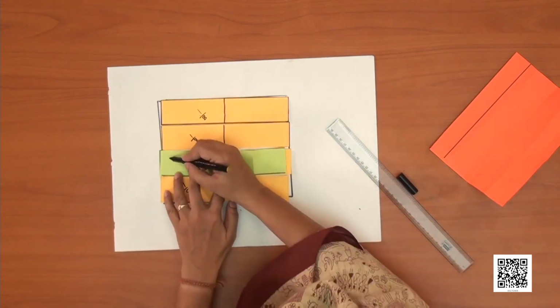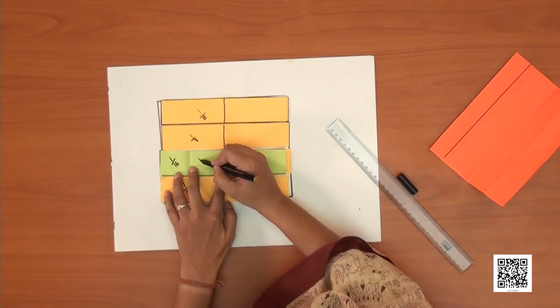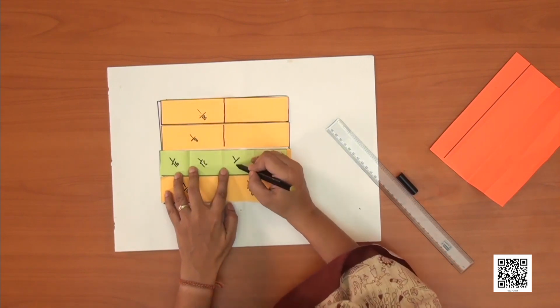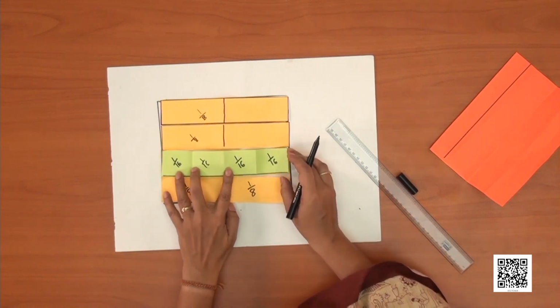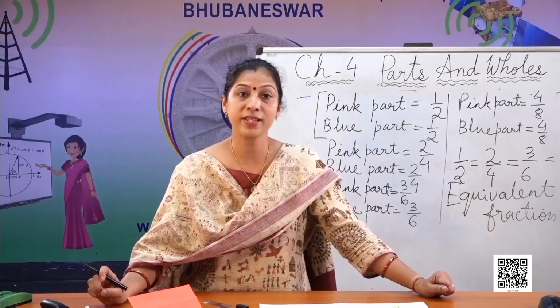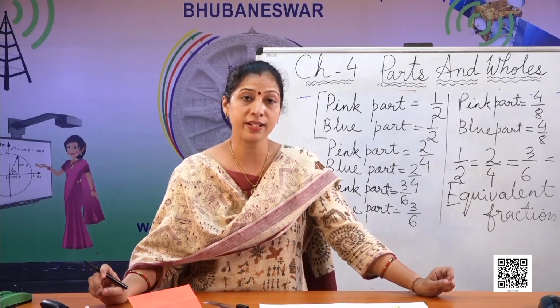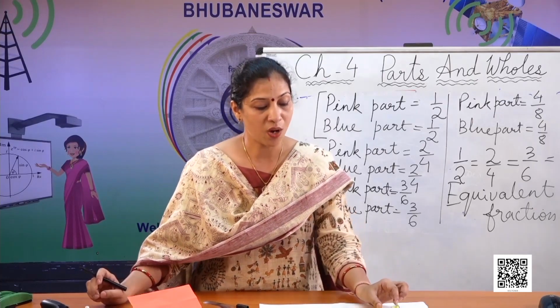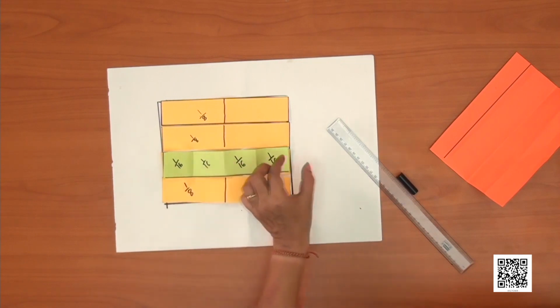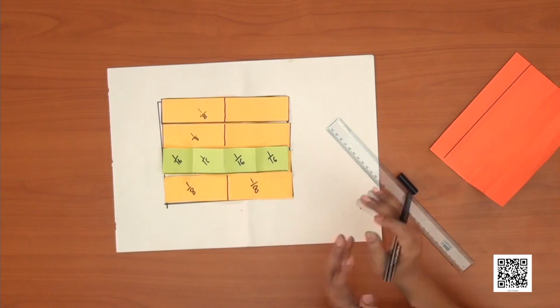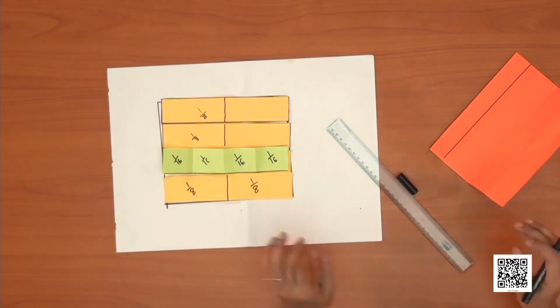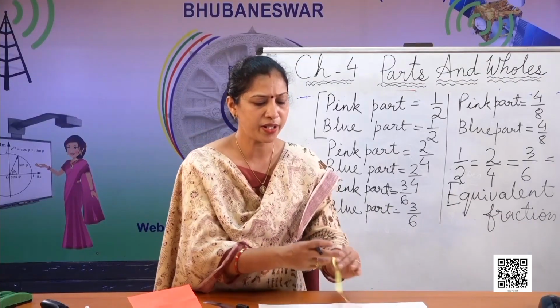So each part will be 1 by 16, 1 by 16, 1 by 16 and 1 by 16. Now can you tell which rectangle is green in color? Yes, 1/16th part of the rectangle is green because it is divided into further equal parts. You can find out by dividing it into different parts by just folding into equal parts.